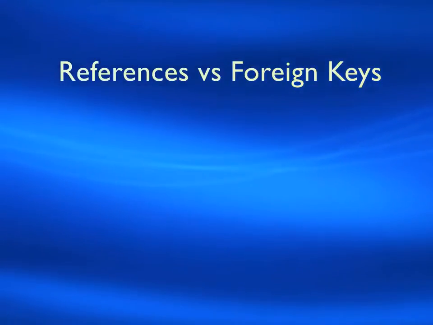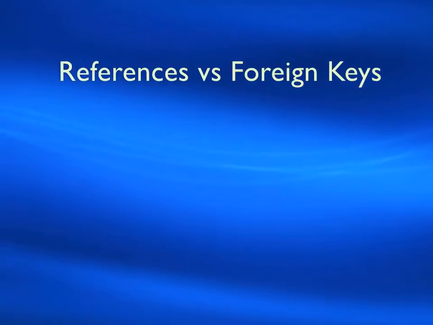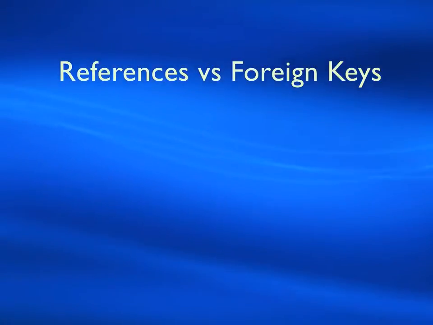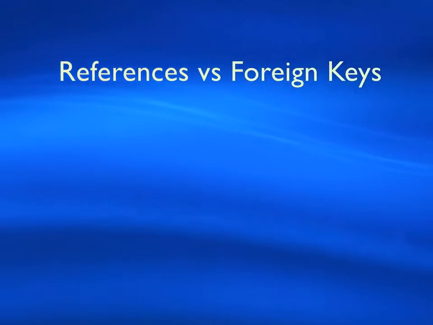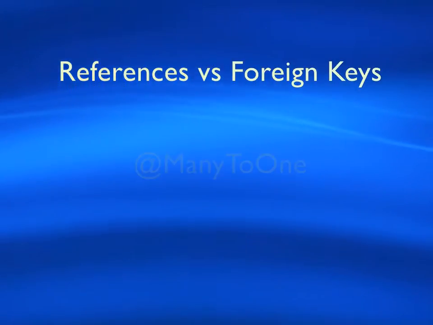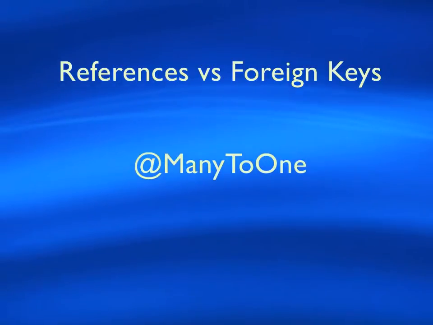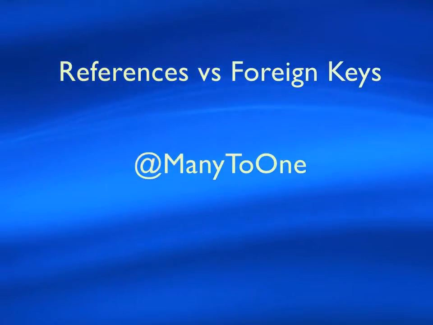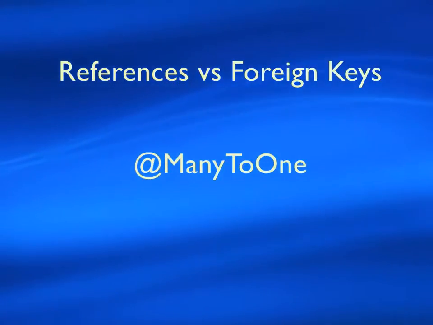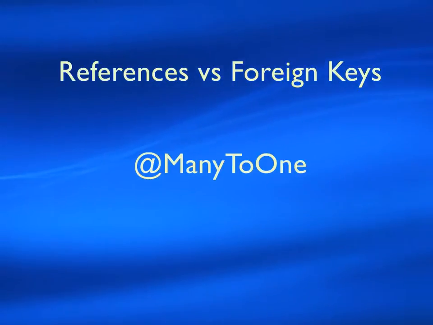Now, I must stress there's nothing wrong or difficult about foreign keys, but they don't feel natural in the Java code. So we only needed a single annotation, many to one, because we're working with a simple relationship where we can have many students supervised by a single tutor.